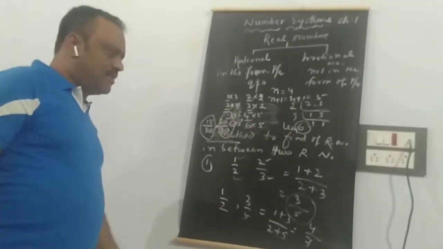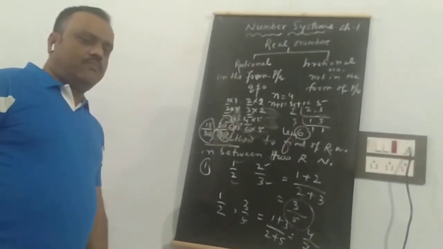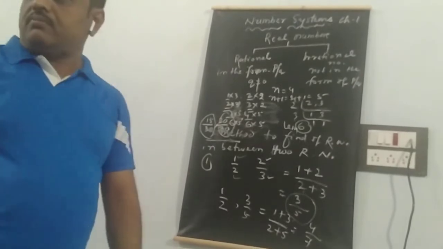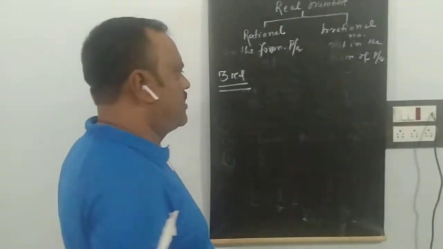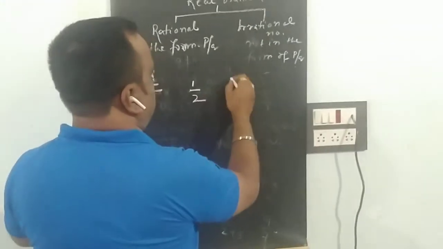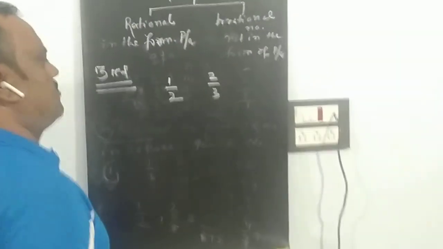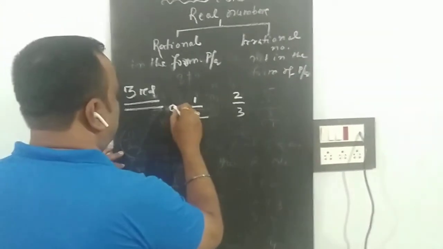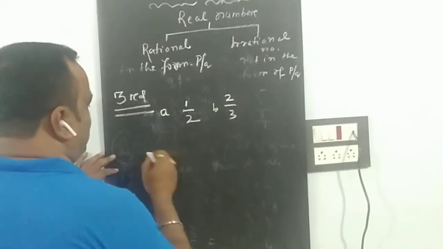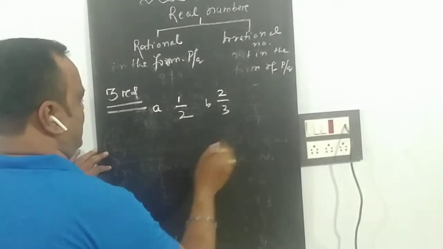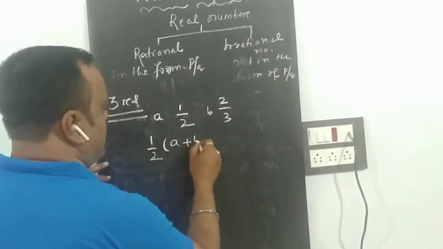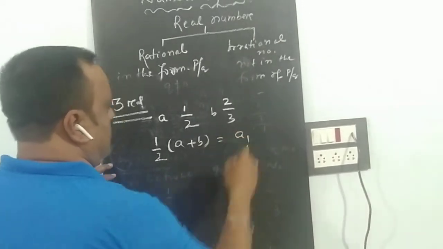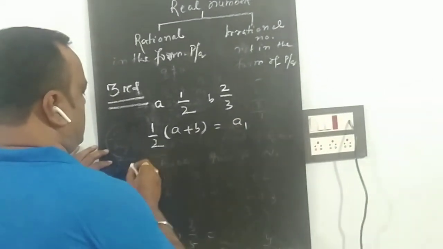Now let me explain the third process. See, 1 by 2 is the first rational number, 2 by 3 is the second rational number. So this is A, this is B. There is a formula to insert a rational number: 1 by 2 into A plus B. How can you find it?